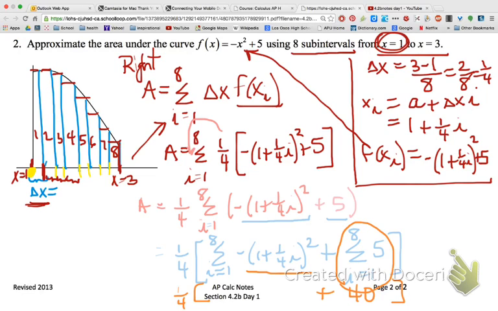So the first thing you're going to need to access is second stat, which is technically list operators. And the first time you're going to choose math, number 5, which is sum. And then you're going to go back to the same spot but choose ops, which is number 5, and number 5, which is sequence.